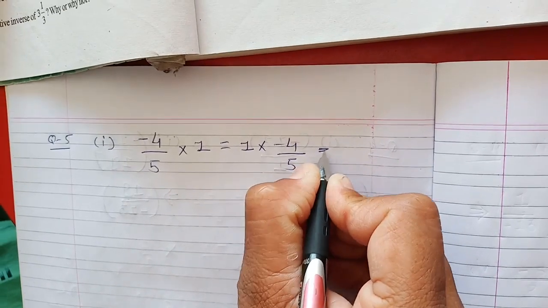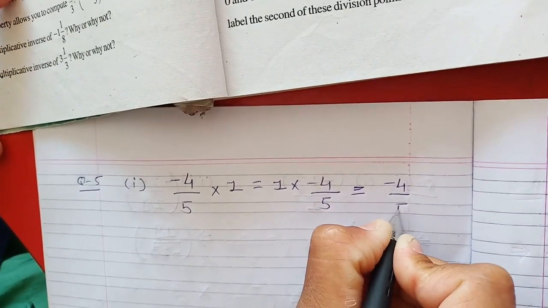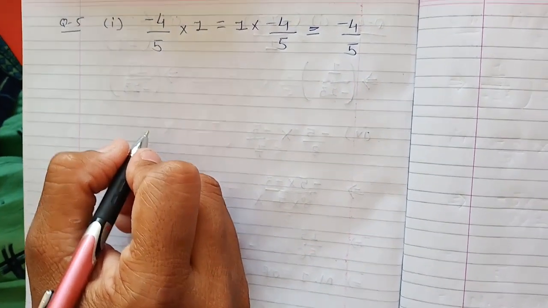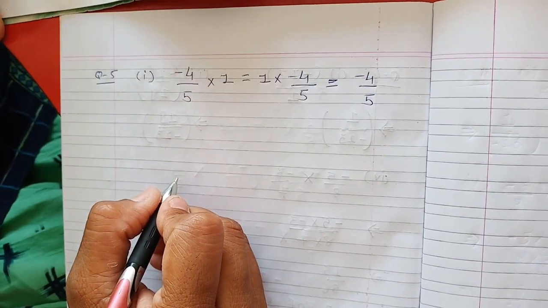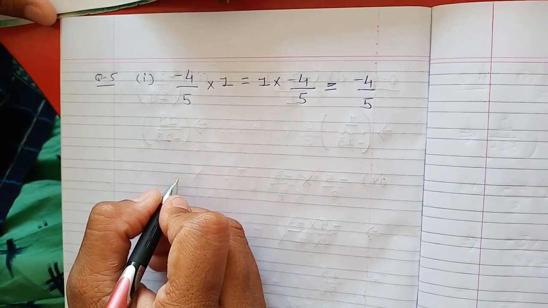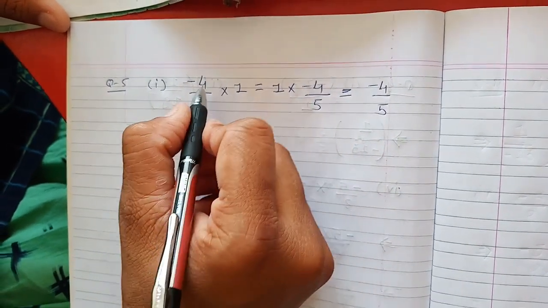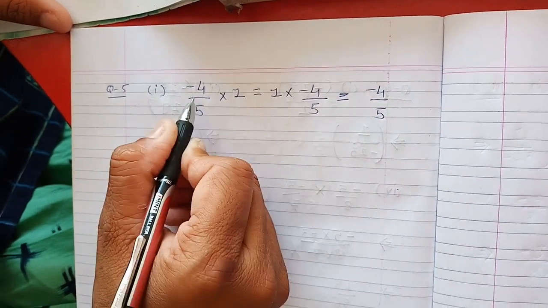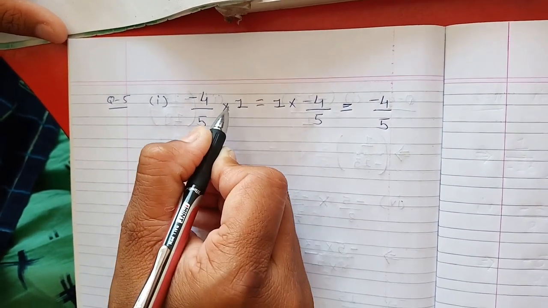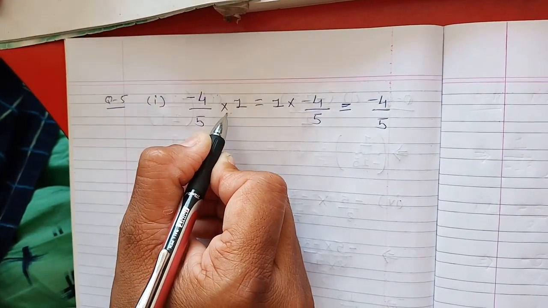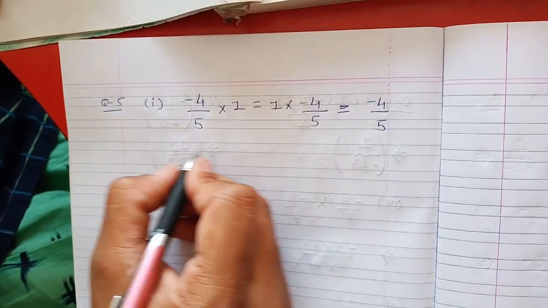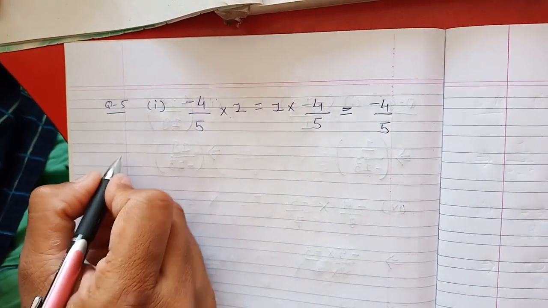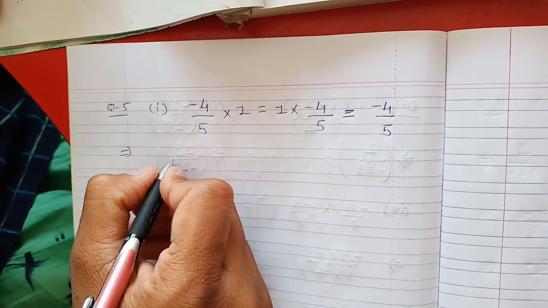Our answer is minus 4 upon 5. But our question is to name the property under multiplication. So which property is used here? After the equal sign, in the last we have the same number that was multiplied with 1. The same number is there, and only 1 is multiplied. So which property did we use?